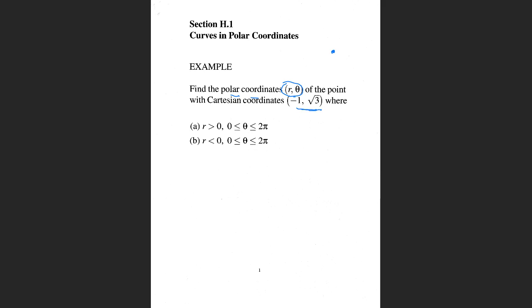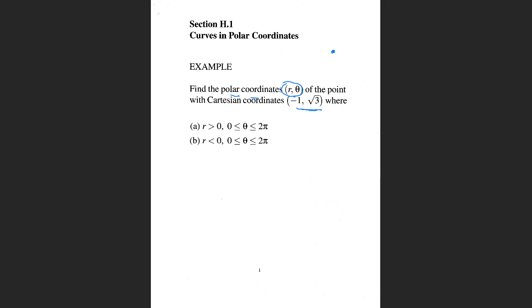Cartesian coordinates are unique. Given an x and a y, that locates a point in the xy plane, and only that point will have those Cartesian coordinates. But with polar coordinates, you can have an infinite number of them. It has to do with the angles.